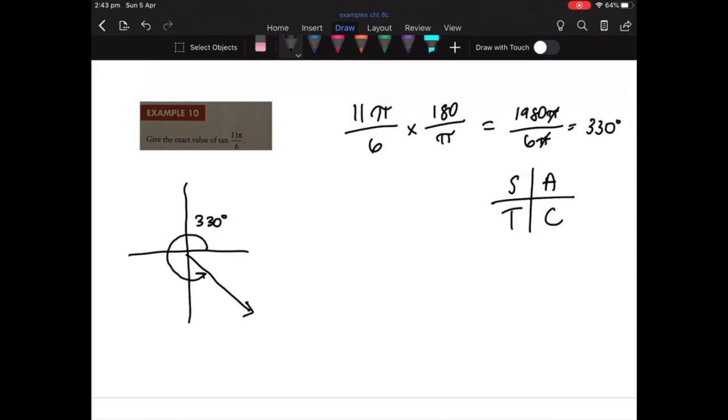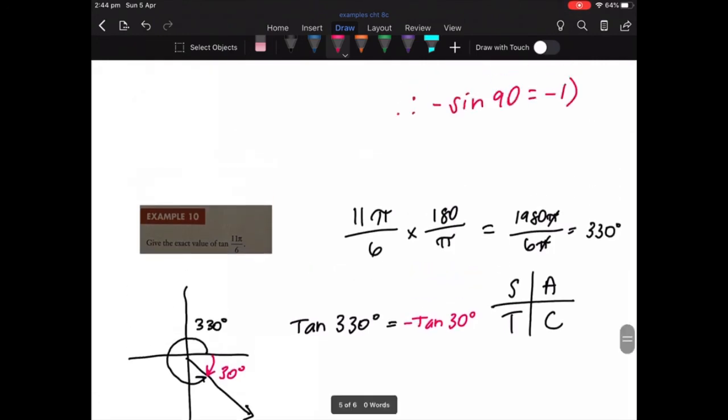SATC. So, in this quadrant, in the fourth quadrant over here, tan is negative, okay? So let me write this out. Tan 330 degrees is equal to, so it's going to be a negative. And we're looking at, from the x-axis, what's this value here? That's, of course, 30 degrees, okay? So it would be equal to negative tan of 30 degrees.